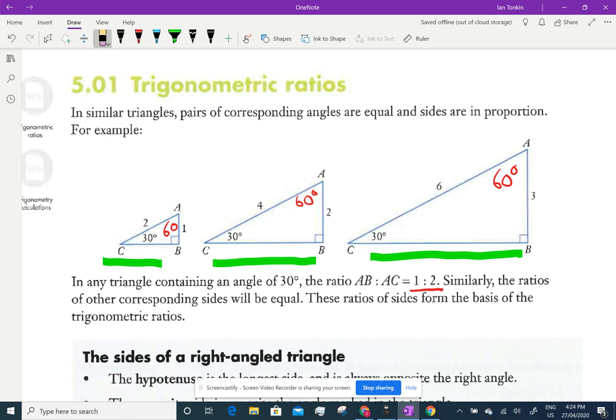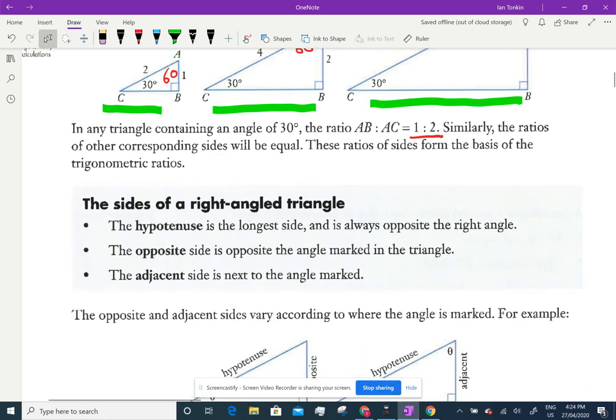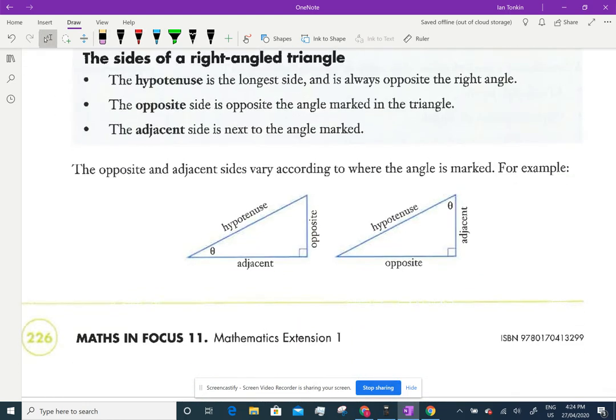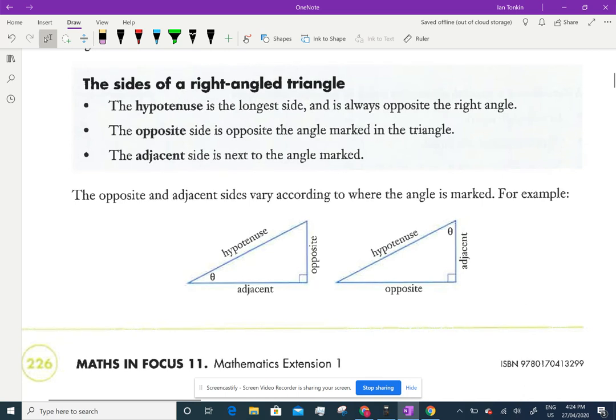Now, to try and use this then, you had to define each side. And we know that depending upon where the angle is, we can define the side by that angle. So it's pretty easy. The hypotenuse is always the longest side. It doesn't matter how you stitch it up, it will always be the longest side.